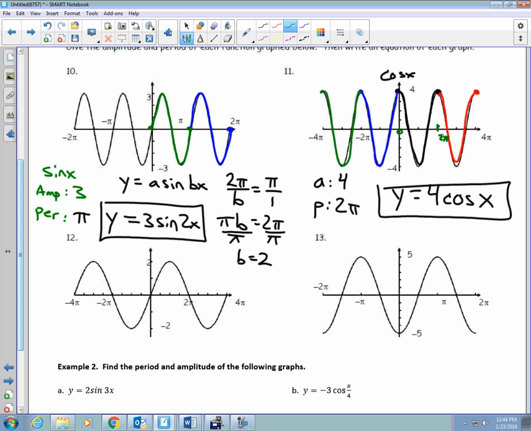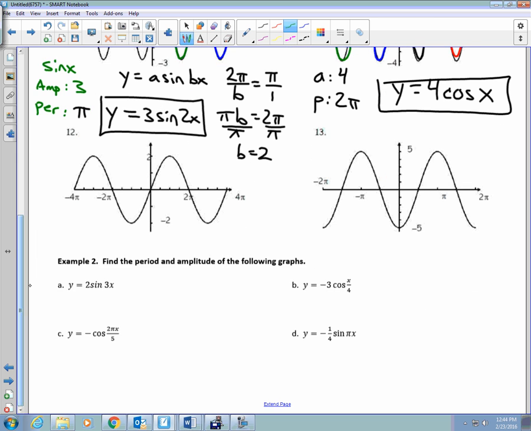Okay, let's try another one. Sine, cosine, sine of x, because it starts at 0, so we're going to call it sine. Now the sine graph, that would be 1 cycle, correct? So how long does it take to complete 1 cycle? It takes 4 pi.